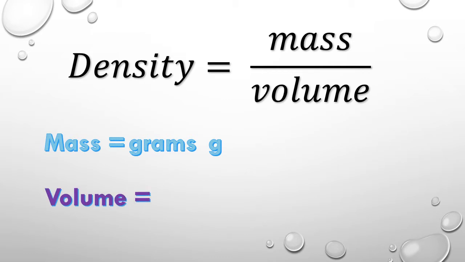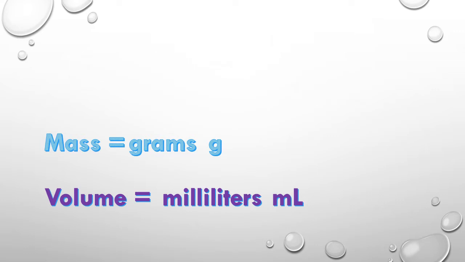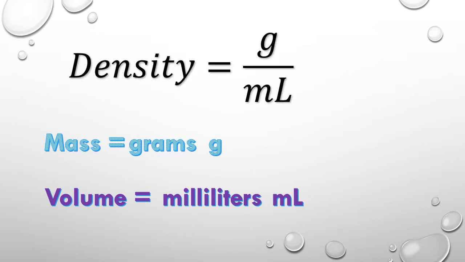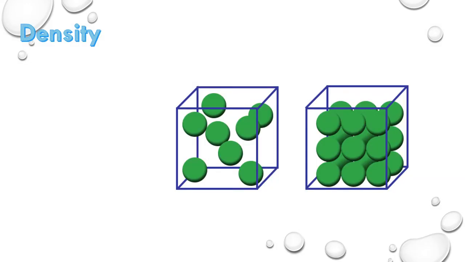Volume has a unit, in this case, not liters, but milliliters, and the symbol's mL. So I could rewrite the density ratio above not as density equals mass over volume, but as density equals grams per milliliter. Density can be thought of as a ratio, just like I said, of grams to milliliters.